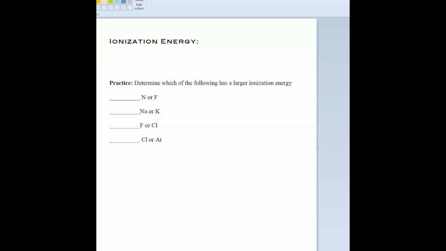Remember, ion meaning a positive or negative charge, having a charge. So your ionization energy is the energy required to remove an electron.